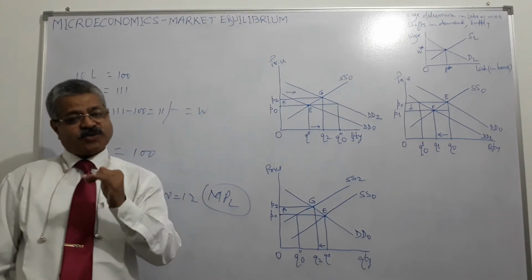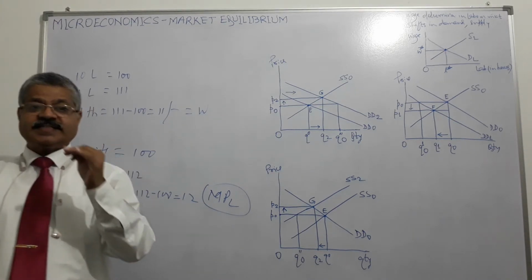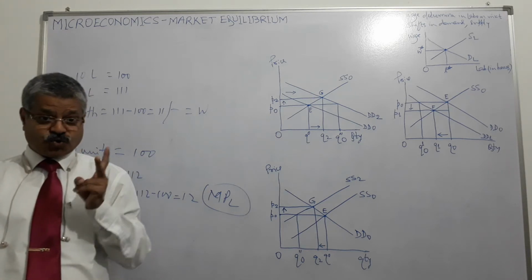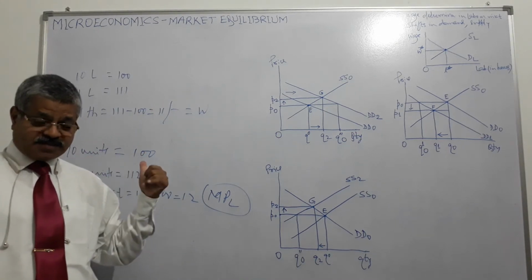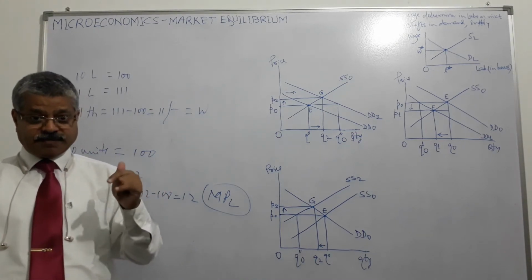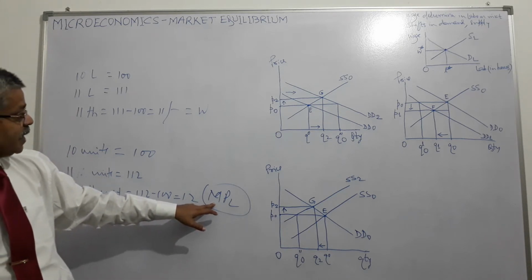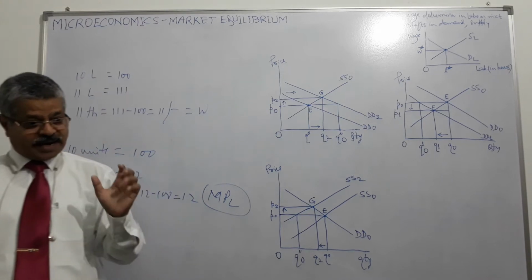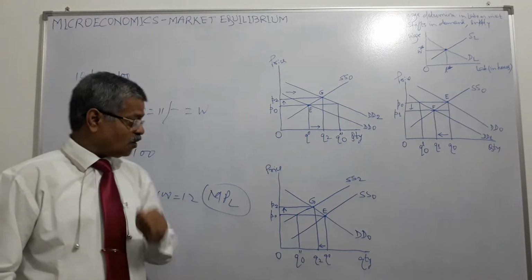This is called marginal revenue product of labor.